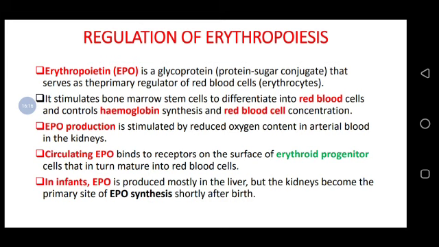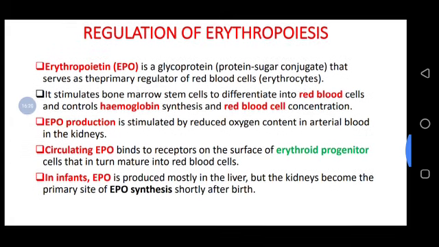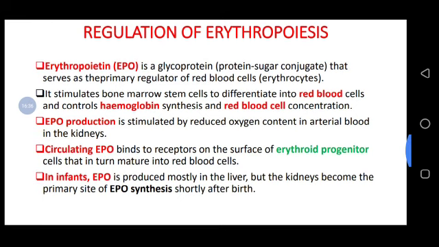So it stimulates the bone marrow stem cells to differentiate into red blood cells and controls hemoglobin synthesis and RBC concentration. Erythropoietin production is stimulated by reduced oxygen content in arterial blood in the kidney.